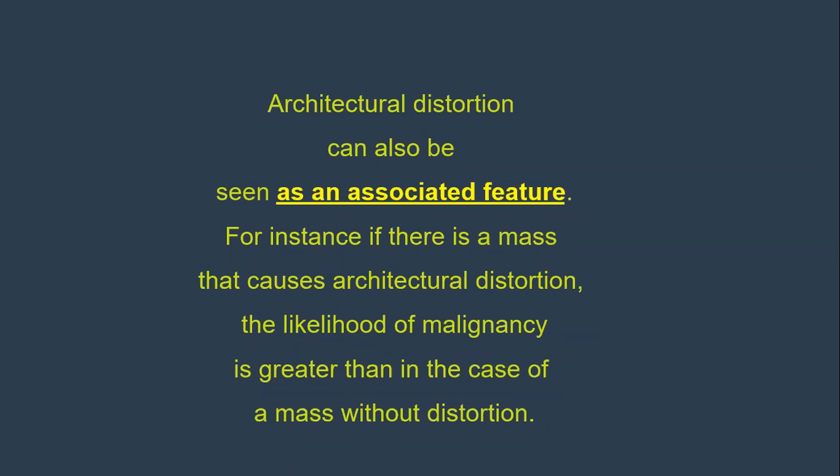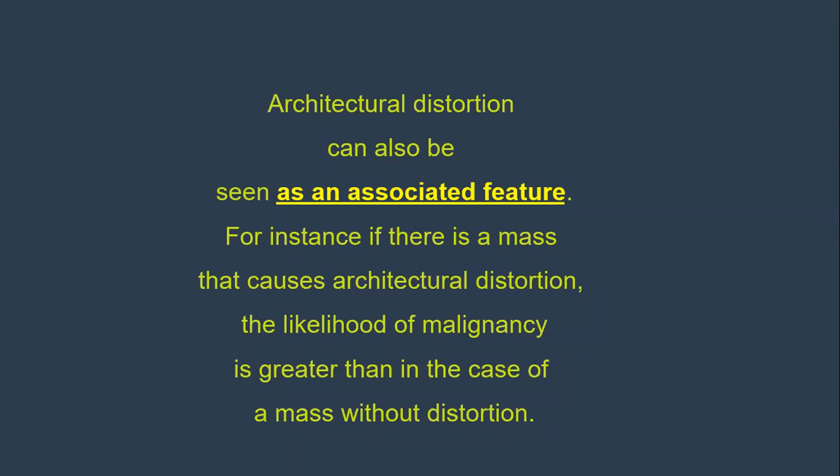Definitely the primary feature will be the mass. For instance, if there is a mass that causes architectural distortion, the likelihood of malignancy is greater than in the case of a mass without distortion. If you have an irregular mass or whatever, but it is associated with distortion, definitely the probability of malignancy will be high, and the grading.